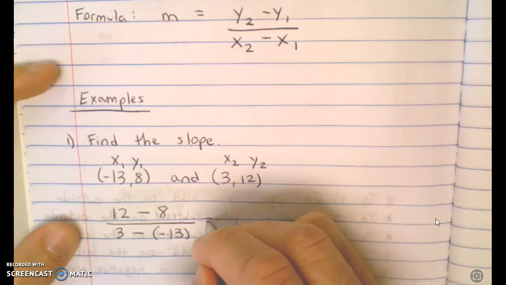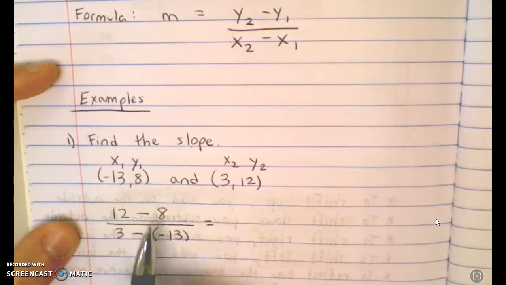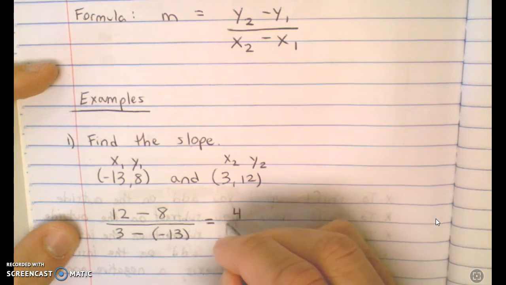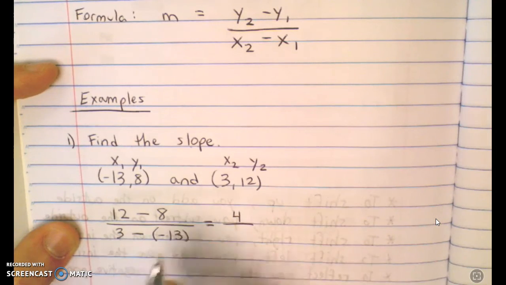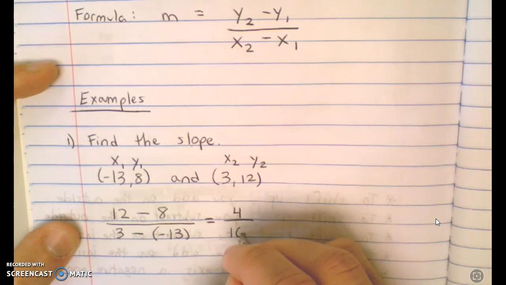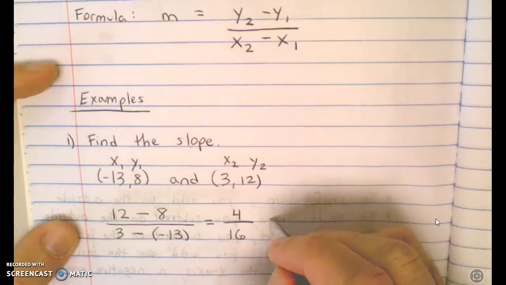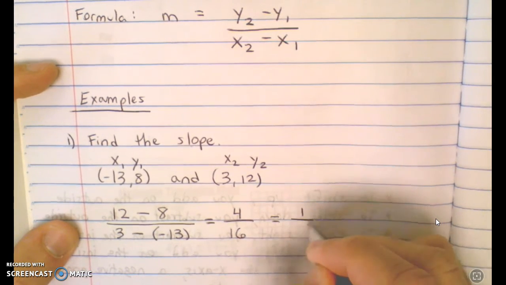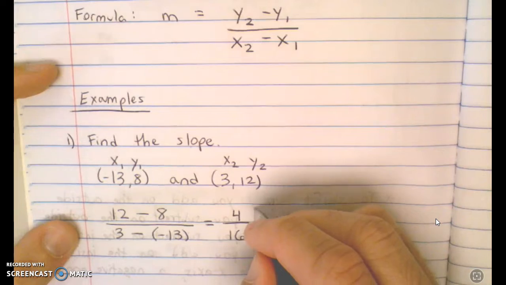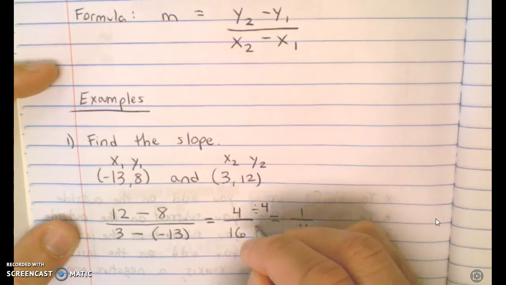Now when I simplify this, 12 minus 8 is 4. That's my change in the y values. Over 3 minus negative 13, that becomes 3 plus 13, so it's 4/16. 4/16 can be reduced to 1/4 because I can divide the top and the bottom by 4.